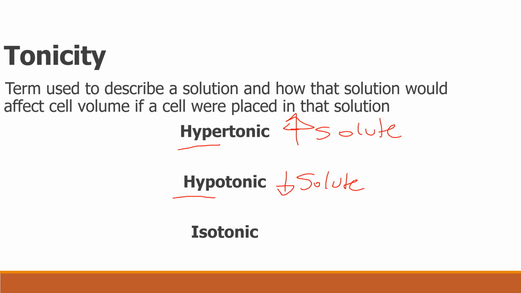If you have a solution that has the same concentration of solutes in that solution and in the cell, then we refer to that solution as isotonic. Iso actually means the same or equal. So you have the same amount of solutes inside the cell and in that solution. So those are the three terms we use to describe the solutions: hypertonic, hypotonic, and isotonic.